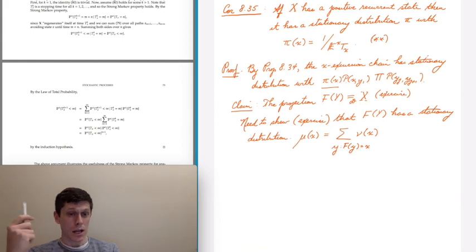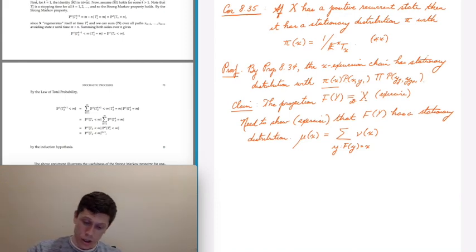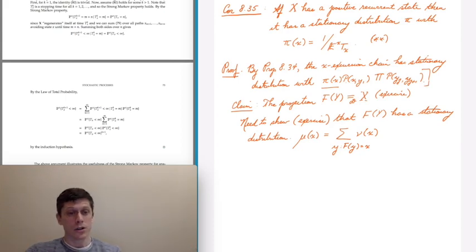Okay, you're going to have to make an argument there, but the argument, which is an exercise, is going to be determined by the relationship between the stationary probabilities of the excursion chain and the transition probabilities of the X chain. Okay, it's going to allow you to figure that out. And then once you figure that out, you're going to get this relationship.